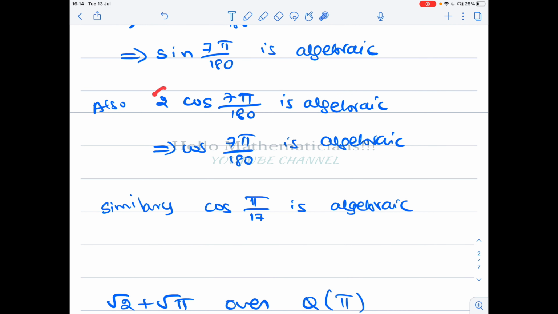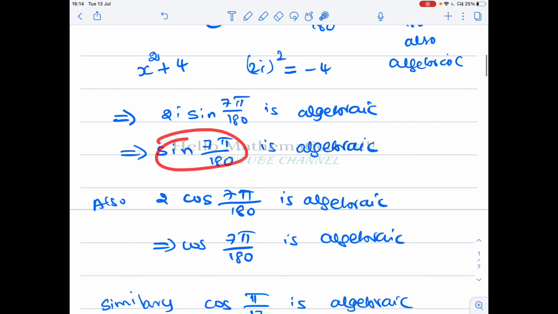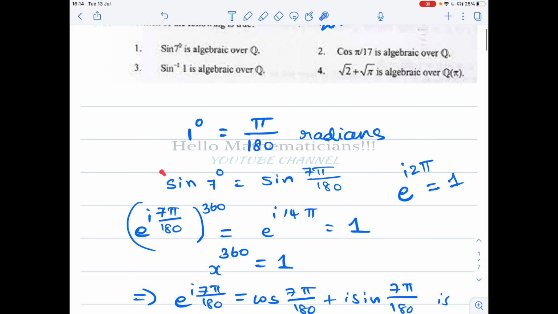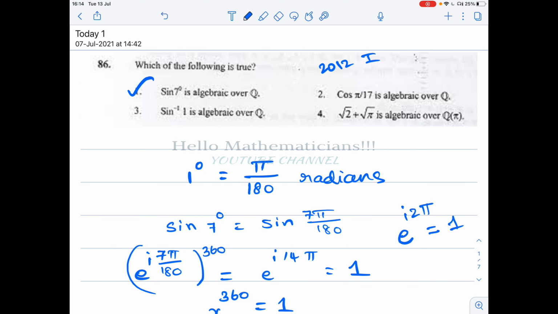Since 2 is algebraic, and 1 by 2 is algebraic, 1 by 2 times this will give you cos 7 pi by 180 is algebraic. So we conclude that sine 7 pi by 180 is algebraic. Now sine 7 pi by 180 is nothing but sine 7 degree. Therefore the first option is correct.